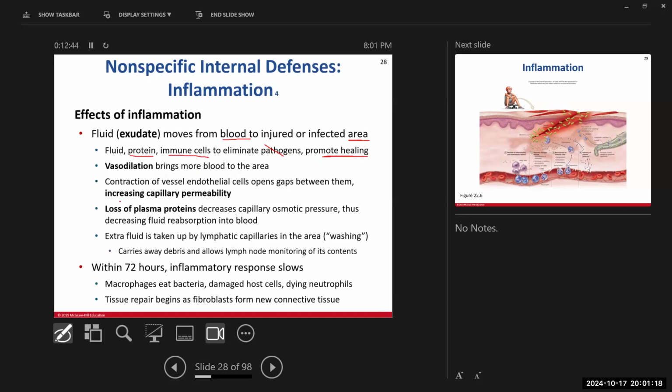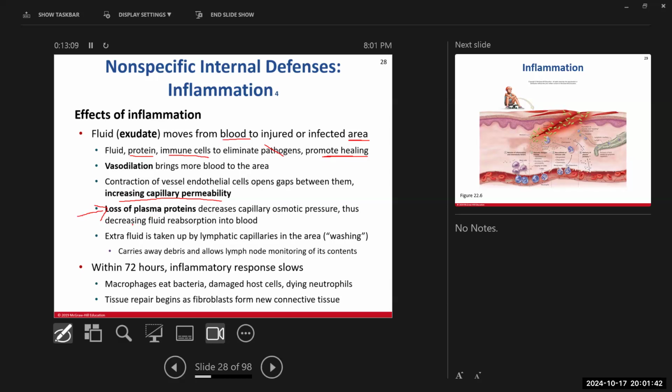And then we are also going to see an increase in that leakiness of the blood vessels there. And I already mentioned this part, when we start to get those plasma proteins into the tissue, right, this is going to effectuate the osmotic pressure. And so we're going to see an increase in fluid buildup initially in the tissue there, right?